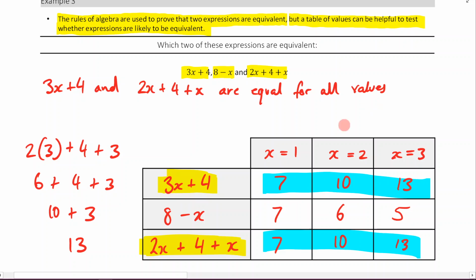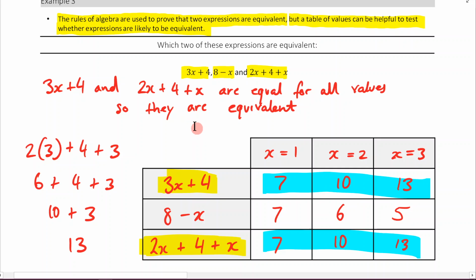So meaning when I substitute in any x value, I'm going to get the same output out. So they are equivalent. Perfect. So 3x plus 4 and 2x plus 4 plus x are equal for all values, so they are equivalent.